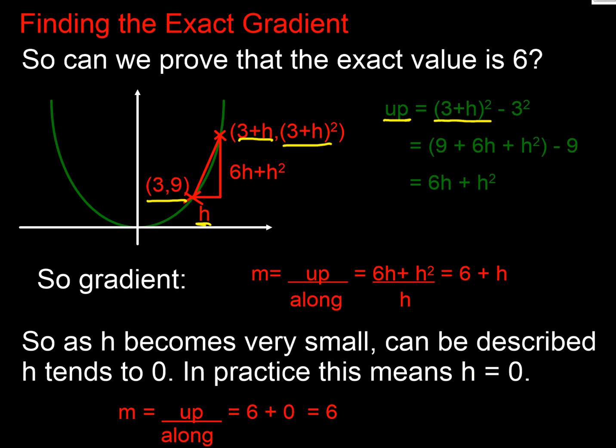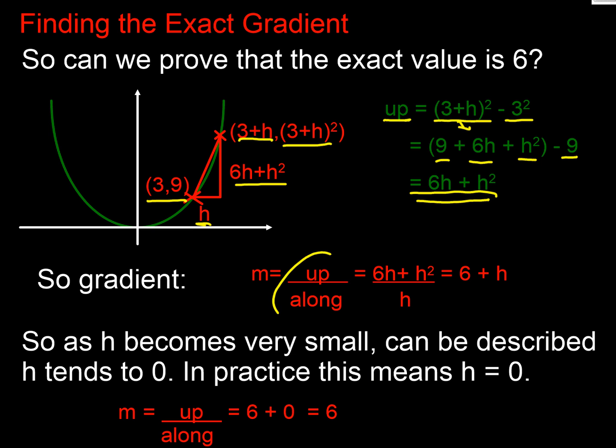There's our 3 plus h squared, take away our base 3 squared. That's our starting point. So if we expand this bracket, you can use the grid method. We've got 9 plus 6h. That's the 3 times h, and we do that both ways around, so we get 2 lots of it. There's our 6h plus h squared, and then we've got to take away our 9. So our y difference is 6h plus h squared. That's our up.